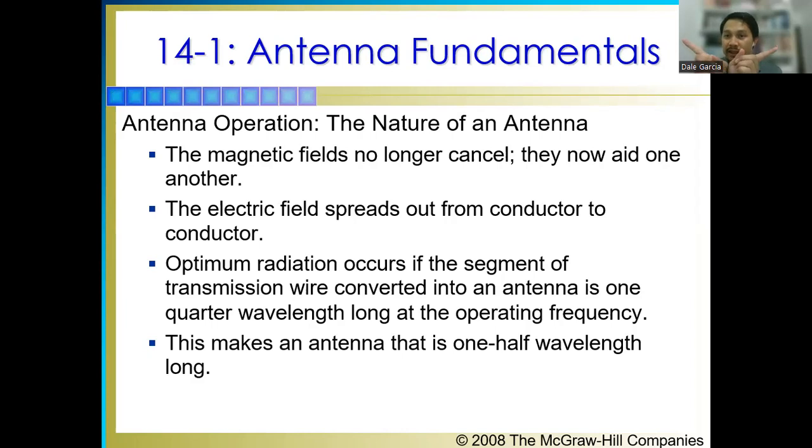So at the bend, each side is 1/4 of the wavelength. If one is 1/4 and the other is also 1/4, this makes an antenna that is 1/2 wavelength long. So that is the rule: the antenna should be 1/2 wavelength long.